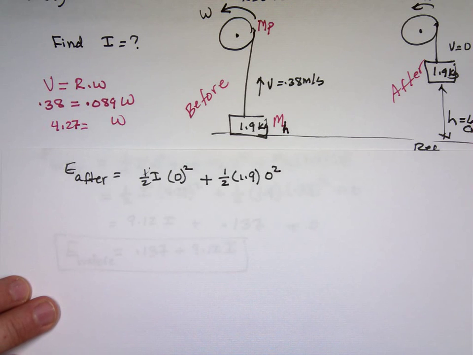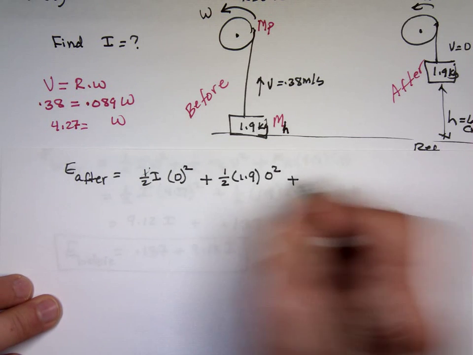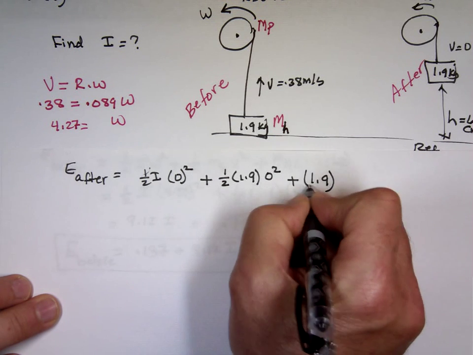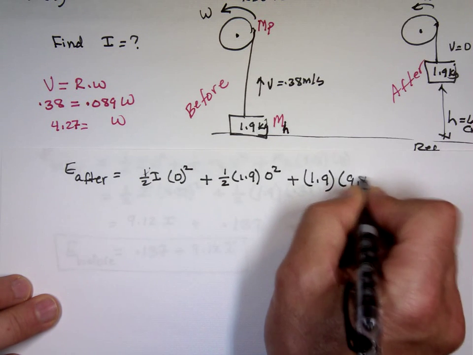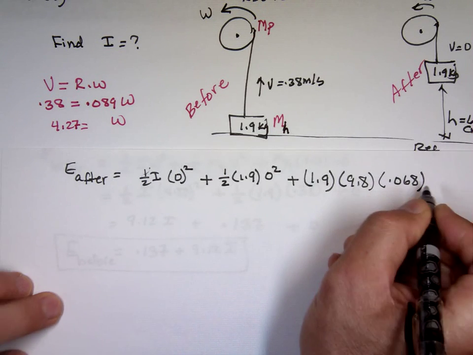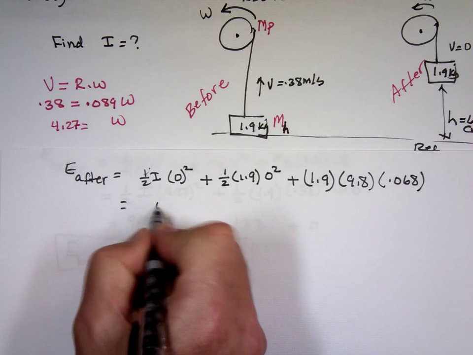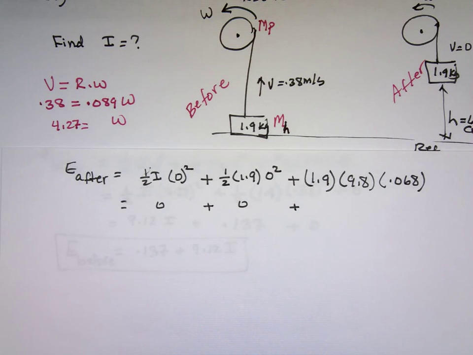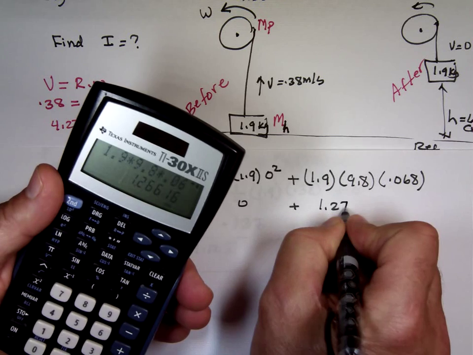Plus the potential energy: this one moved up, so it's 1.9 times gravity 9.8 times the height, which is 0.068 meters. We have 1.27.